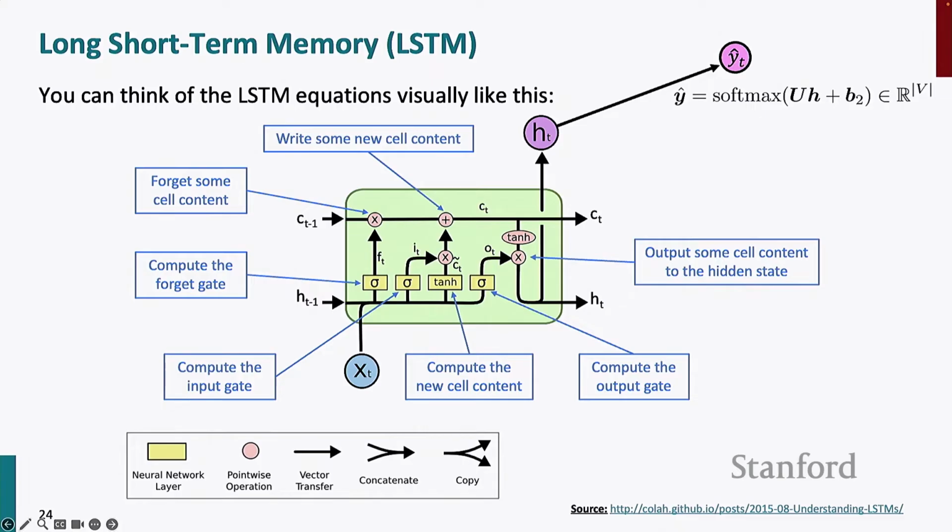And then, just like for the previous recurrent neural network, for working out the predicted next word, you're working out an output layer by taking H and doing another matrix, UH plus B2, and then using a softmax on that to actually predict the next word. Okay, so this all seems very complex.